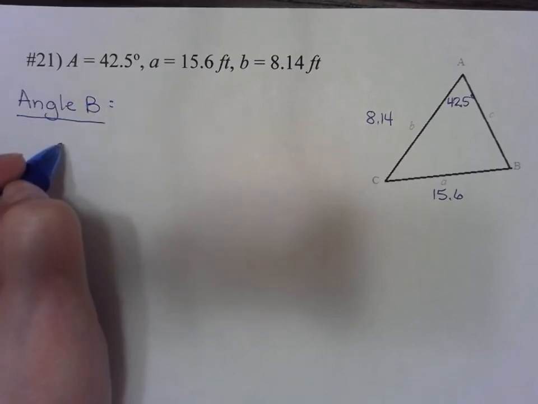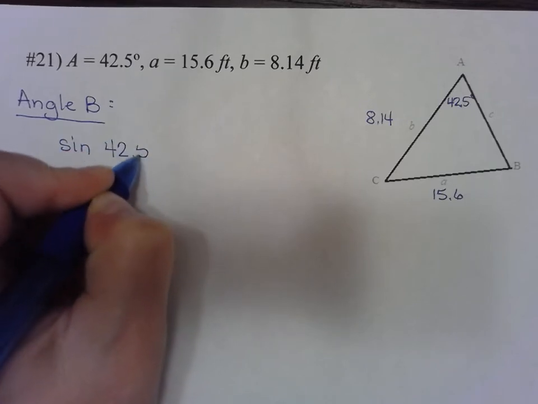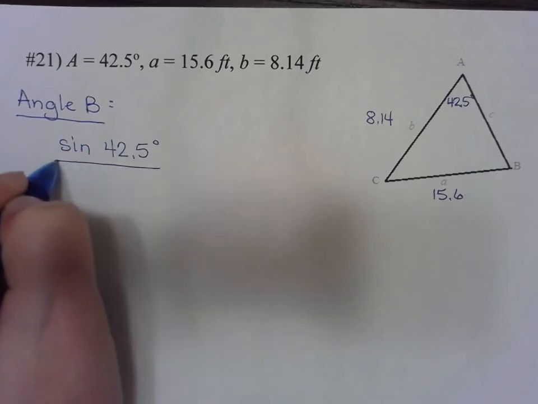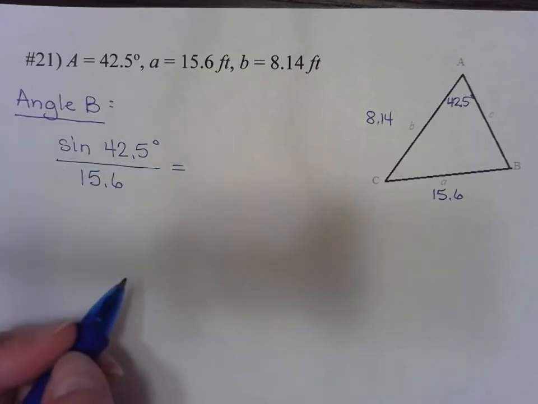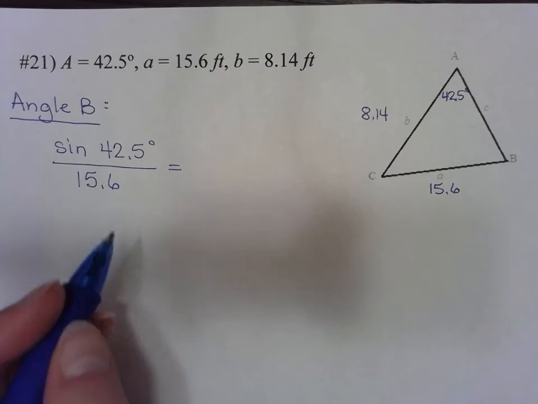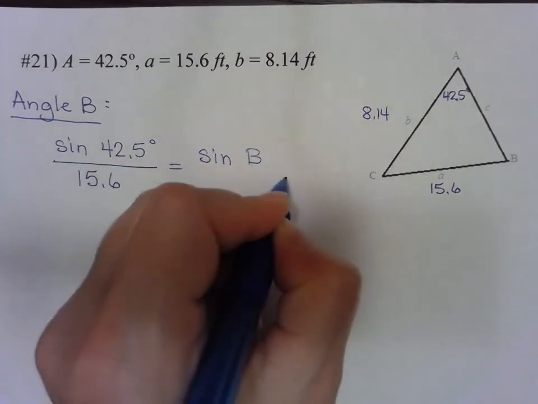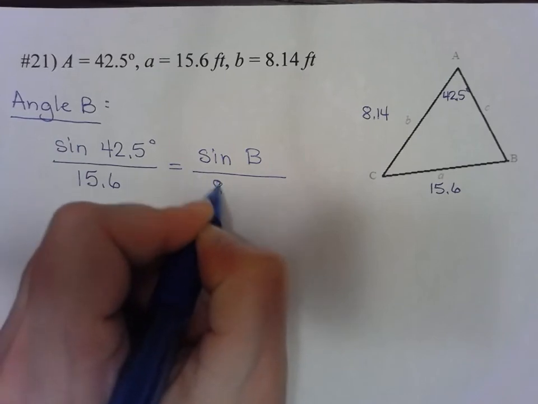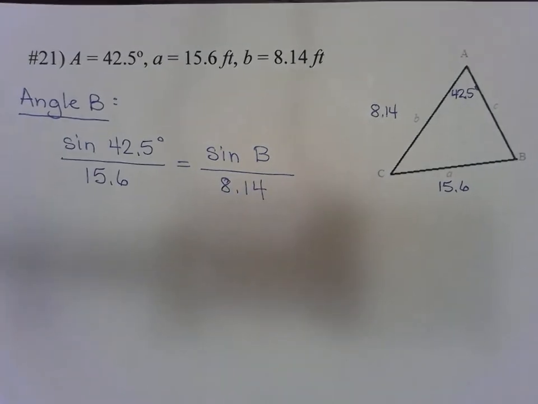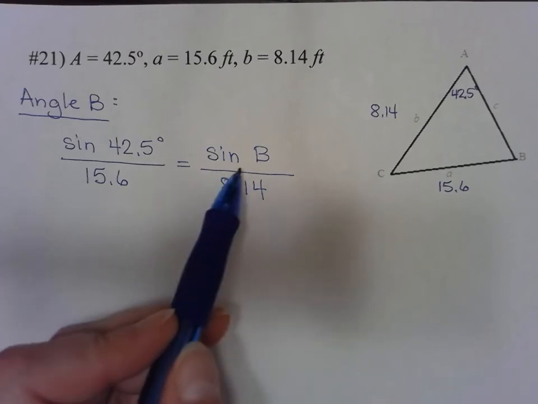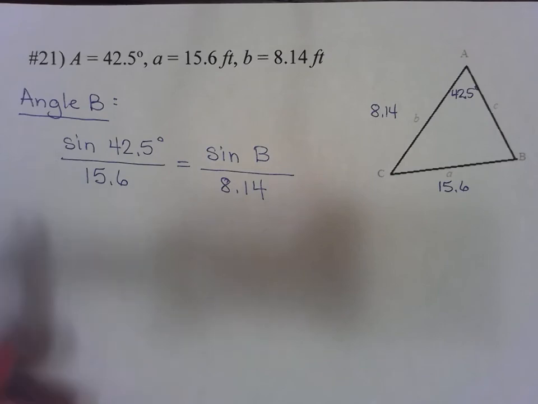So we'll have the sine of angle A, which is 42.5 degrees, over the sine of angle B divided by 8.14. Okay, and we want to solve for B, so we're going to multiply the 8.14 over to this side.